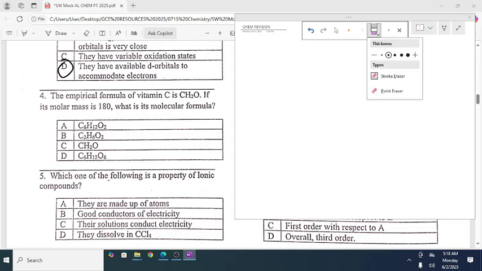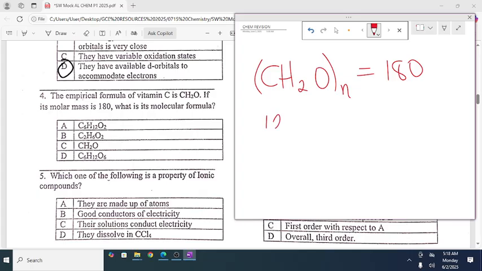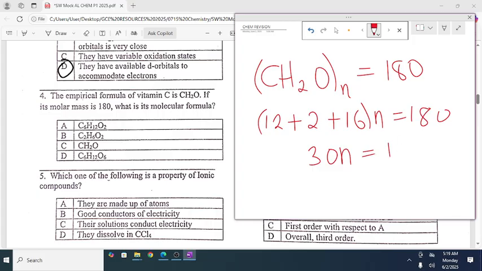So I have to write CH2O multiplied by n to give me 180. All right, carbon is 12, so we have 12 plus 2 for hydrogen, then plus 16 for oxygen, everything multiplied by n equal to 180, which means we have 30n equal to 180.